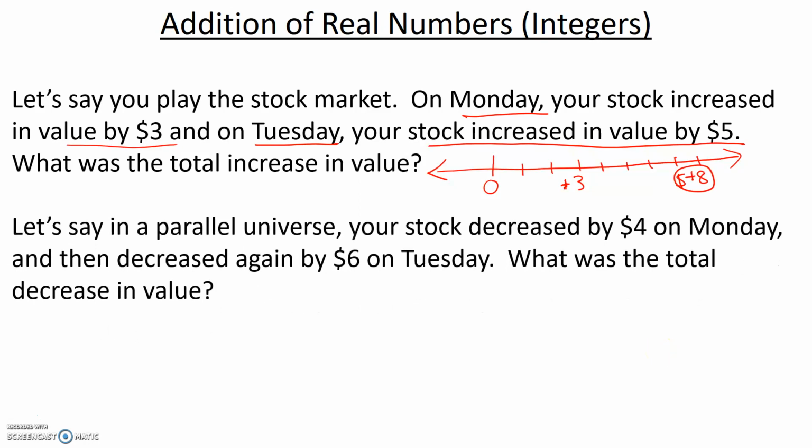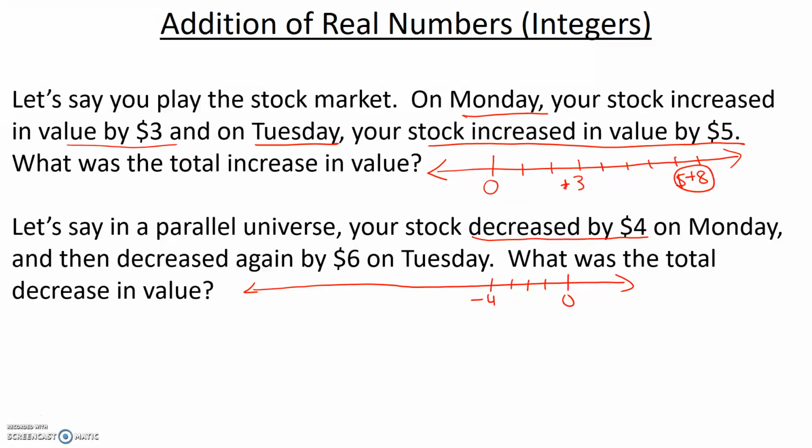Let's look at another example. In a parallel universe, your stock decreased by $4 on Monday and then decreased again by $6 on Tuesday. So once again, let's set up a number line. 0 is the current price of your stock. If your stock decreases $4, that means that it's represented by the integer -4.